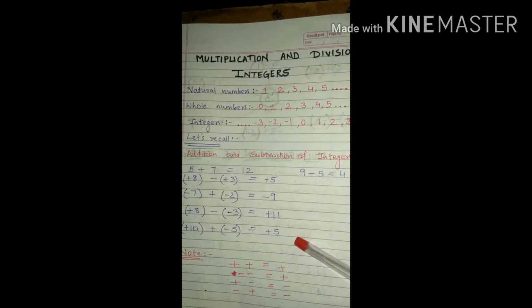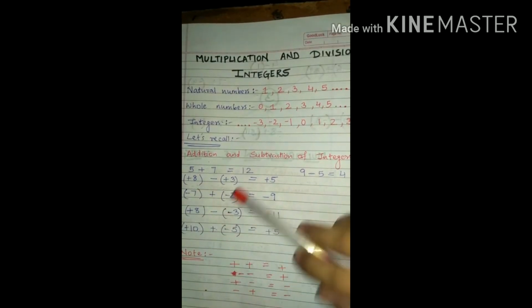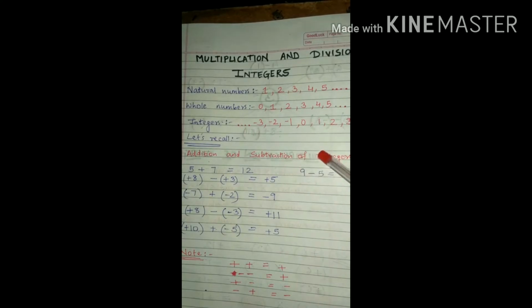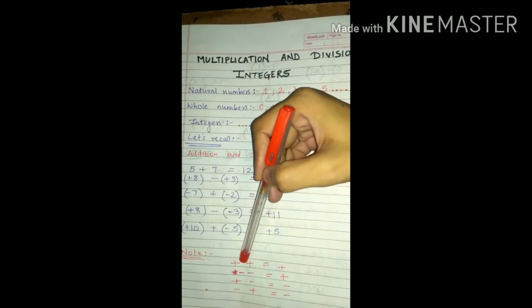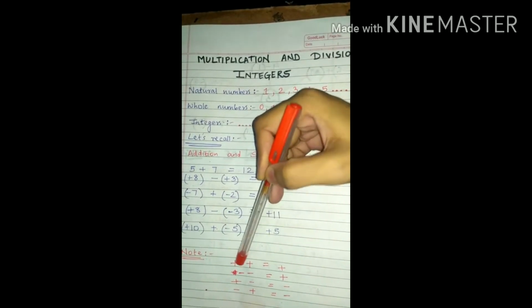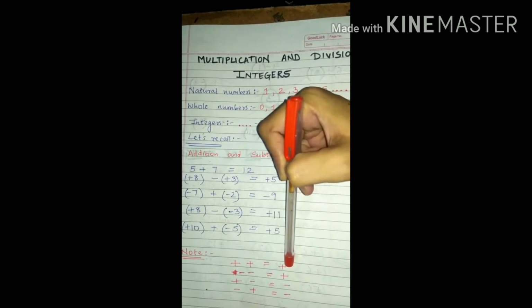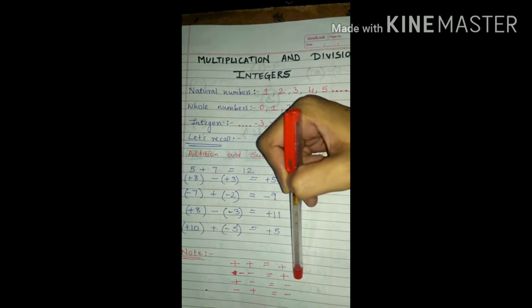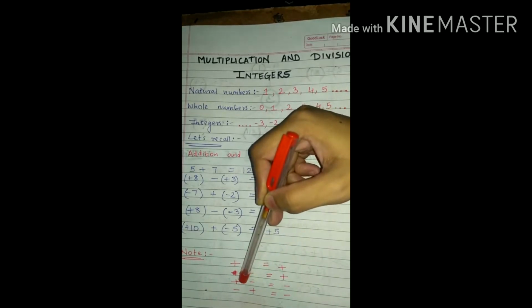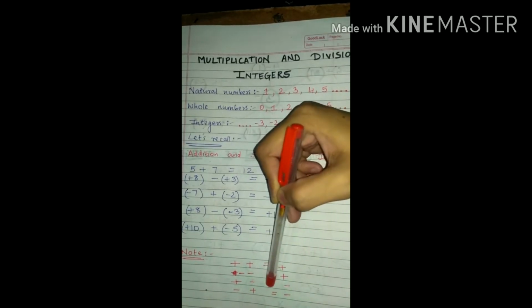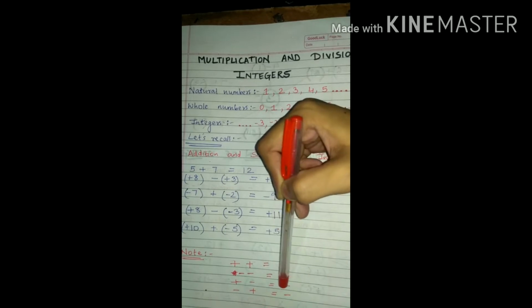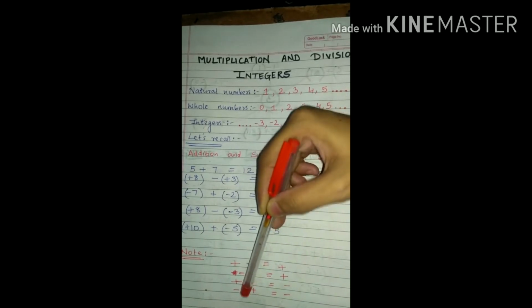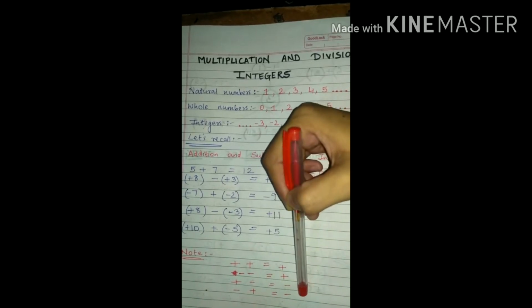Okay, so for doing the addition and subtraction of integers you should know certain things. Plus into plus will become plus, minus into minus will become plus, plus into minus will become minus, and minus into plus will become minus.